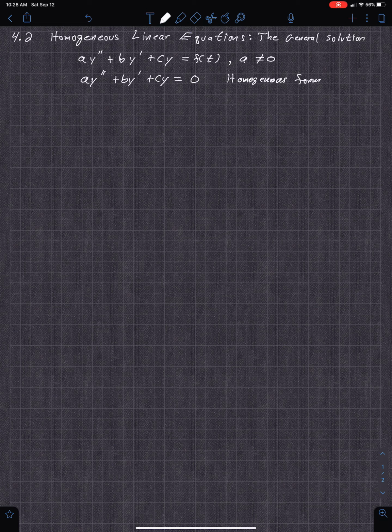So if you look at this form, we're looking at a derivative equaling something times another term, and you want to add all these up and get 0. So with a little bit of prompting, you might guess a possible solution.